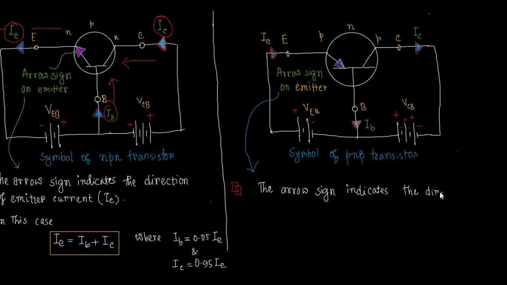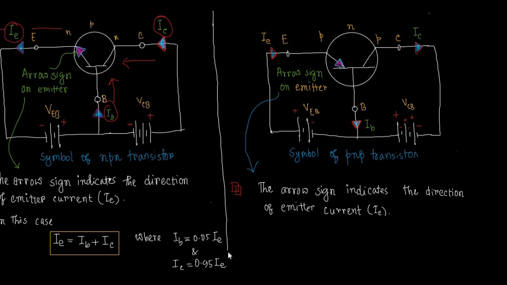On the right hand side, again this arrow sign indicates the direction of emitter current, under bracket IE. The arrow sign indicates the direction of emitter current IE.